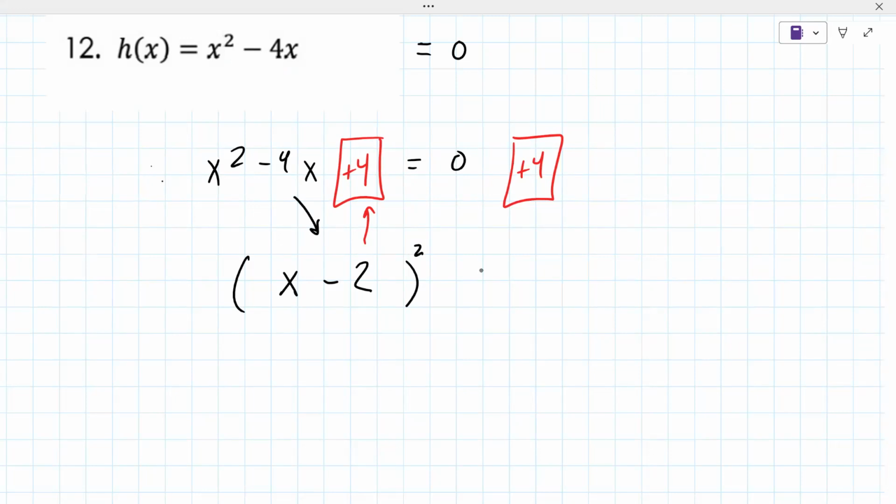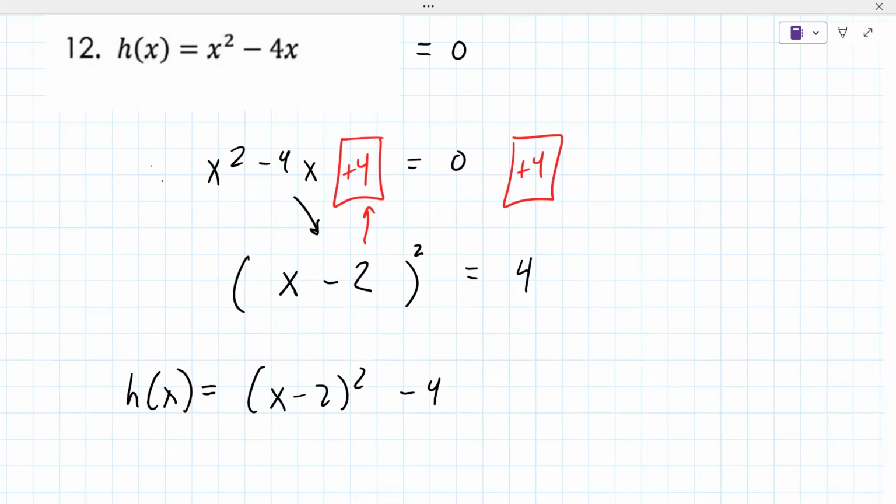Got it. And then you already have minus 4 on both sides, and then you get x minus 2 squared minus 4. That's right. Perfect.